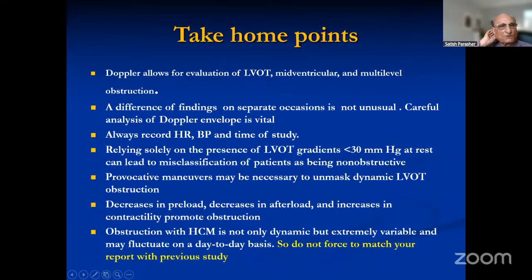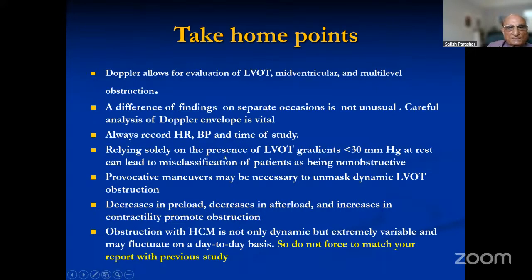So take home points are: Doppler allows for evaluation of the LVOT, mid-ventricular and multi-level obstruction. A difference of findings on separate occasions is not unusual, and careful analysis of the Doppler signal is vital. Always record heart rate, blood pressure, and time of study in every case, because many of the findings will depend upon this.